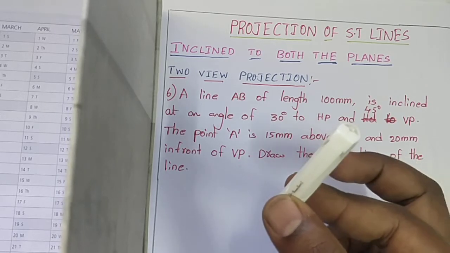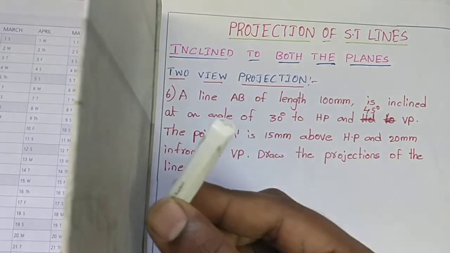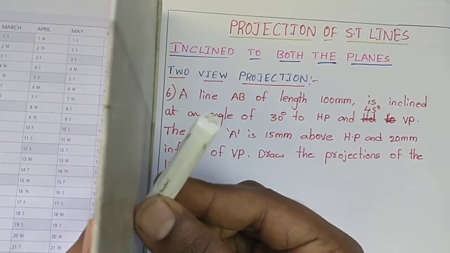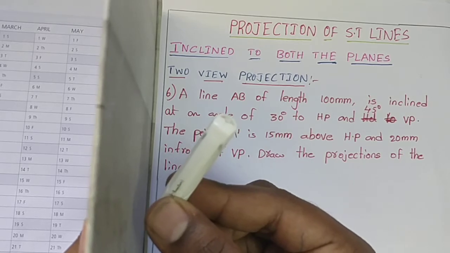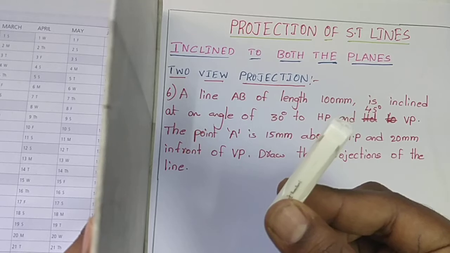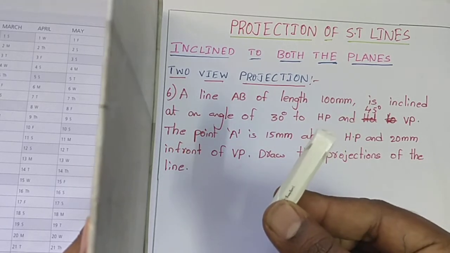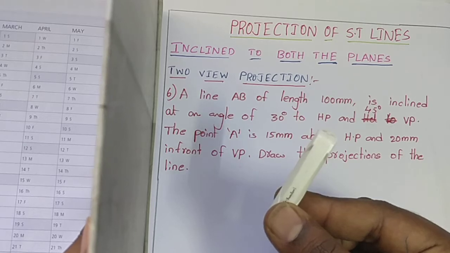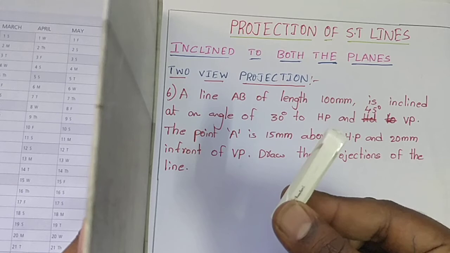If you view from this side, the projection falls on the vertical plane. Whatever projection falls on the vertical plane is known as front view. Next, if you view the object from the top side, the projection falls on the horizontal plane and is known as top view. Now we need to draw these projections.